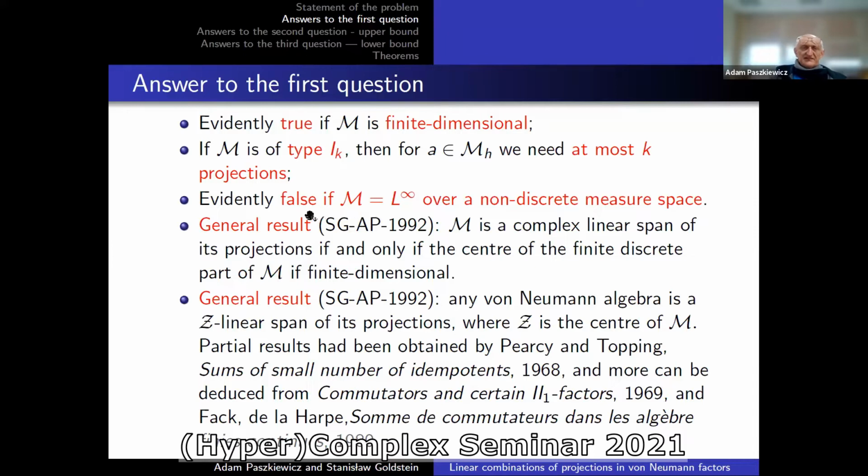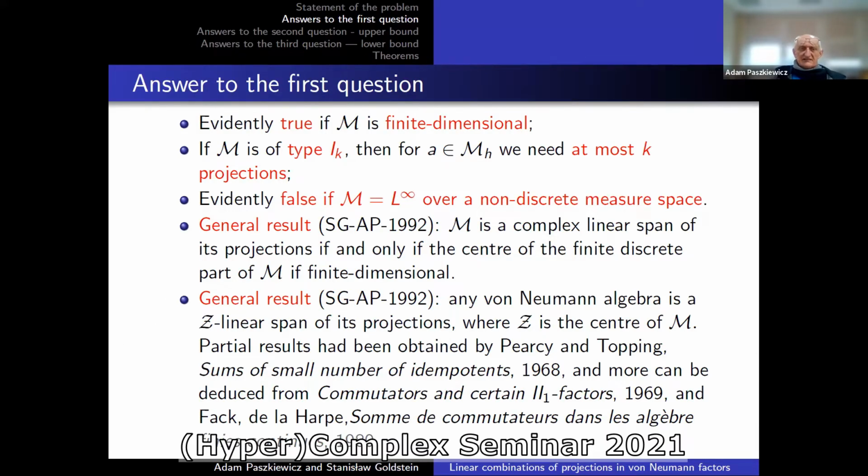So if I look at a very simple example, L infinity space, then it is a von Neumann algebra such that obviously the typical self-adjoint operator cannot be expressed as a linear combination of a finite number of projections.